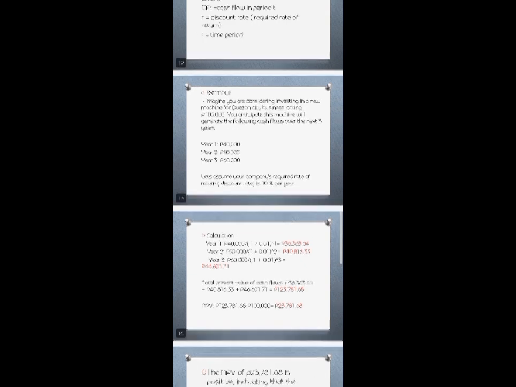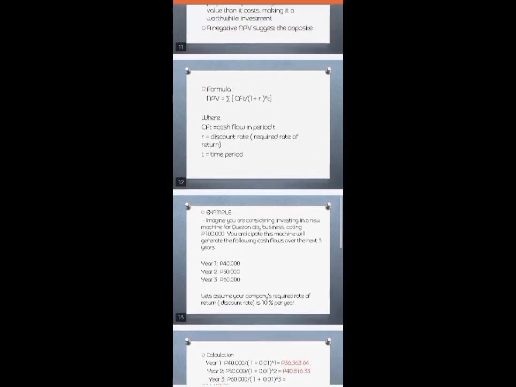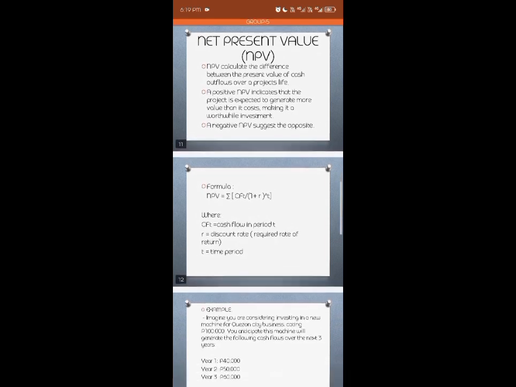So, that is your NPV. So, positive siya. So, meaning it is expected na mataas ang ma-generate or mataas ang expected na value ng money than it costs.